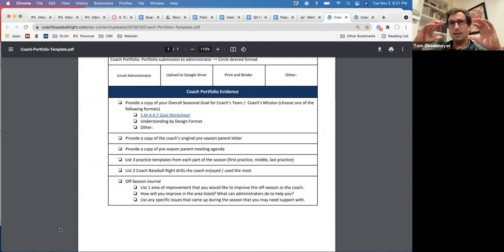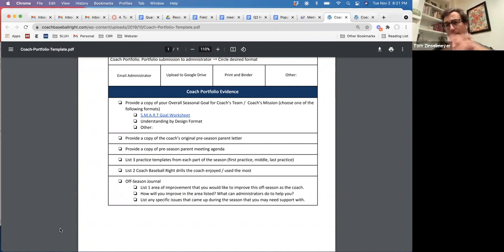It's just an acronym that helps not only adults but kids really focus in on setting attainable, successful goals that they can build from. So that's the idea behind the SMART goal: as a coach, what would you want to specifically work on that you can measure, that you can attain, that's relevant, and that has a time marker to it? So that's one aspect of it.